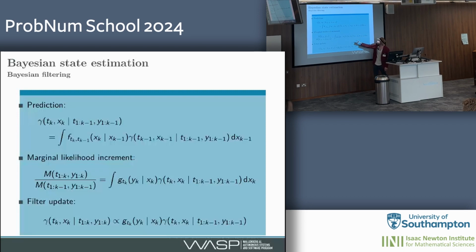Then we get the marginal likelihood increment by integrating the one-step-ahead prediction density against this g at the current time. And the filter update is then just proportional to this prediction density times the likelihood, where the constant of proportionality is the reciprocal of this guy, of course. Because if you divide by this guy, you get 1 equals something.